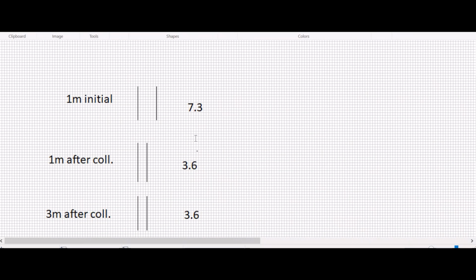We can also calculate what these values should be according to Gary's theory. So if we divide this by 4, I have to get a calculator. 7.3 divided by 4, that's 1.83.